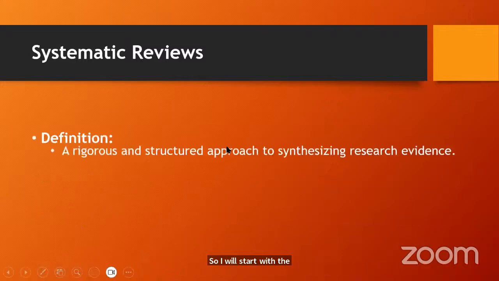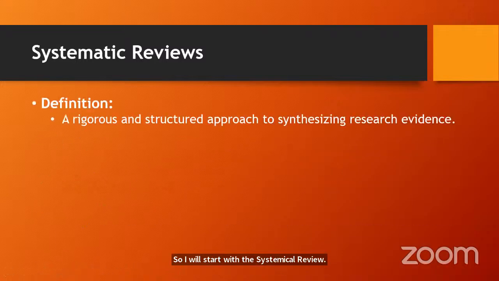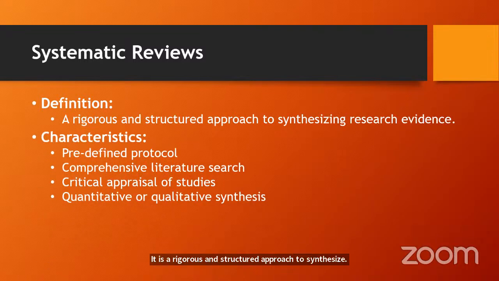So a systematic review, let's start with the definition. It is a rigorous and structured approach to synthesize research evidence. Here are some characteristics of a systematic review. First one is the predefined protocol. Before you start a systematic review, you have to follow a structured plan.